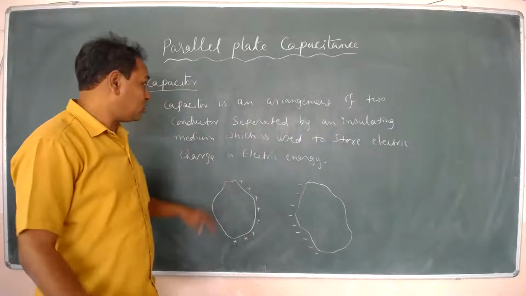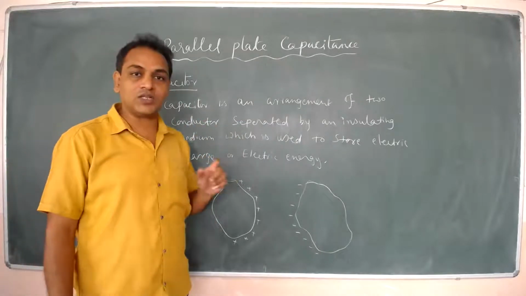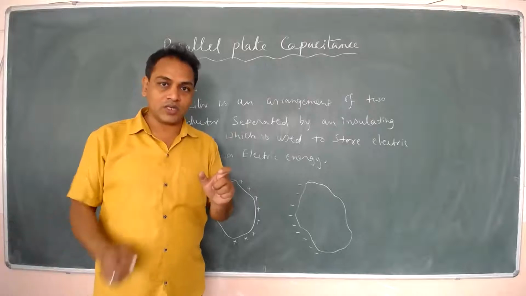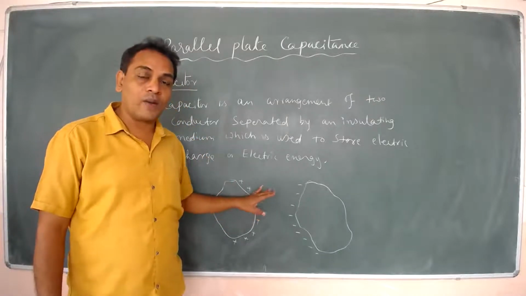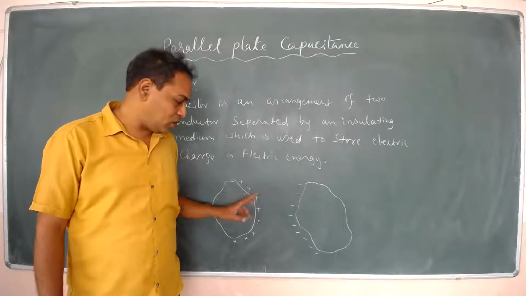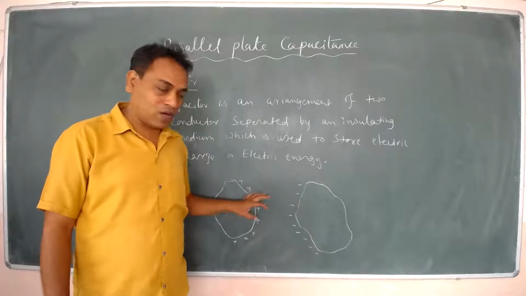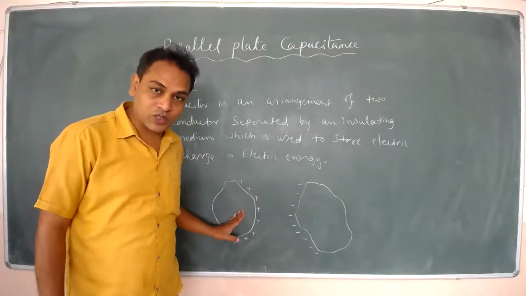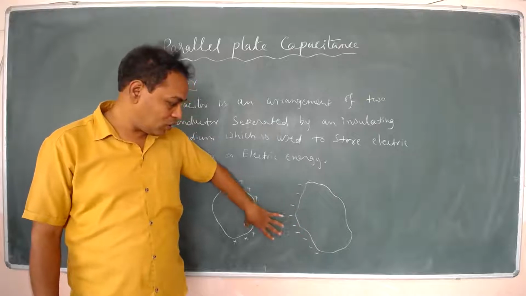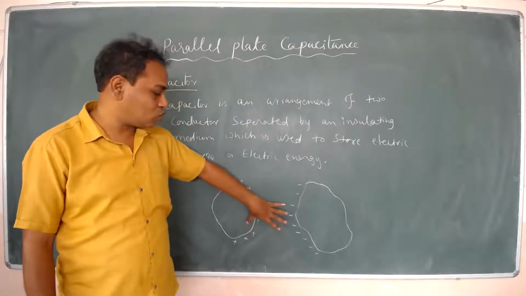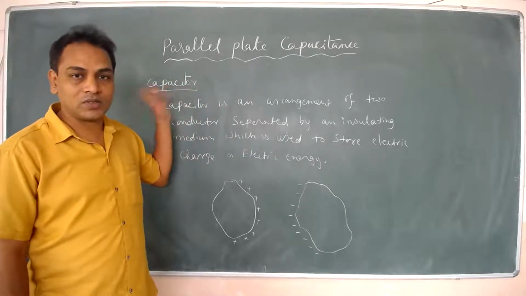Keep in mind that a capacitor means an arrangement of two conductors separated by a small distance, and these two conductors should be of opposite charges. If one is positive, the other should be negative. One is at positive potential and one is at negative potential. Then these two conductors collectively are called a capacitor.